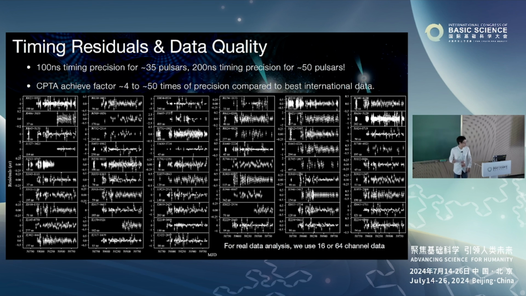That is extremely good for pulsar timing. The timing precision is quite good because, compared with other telescopes, for different pulsars the timing precision can be 4 to 15 times better than other telescopes.